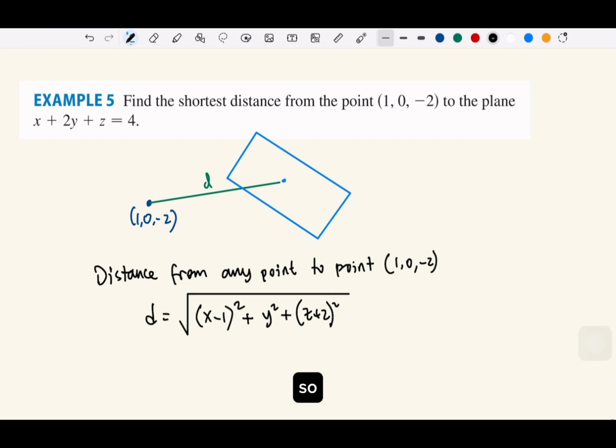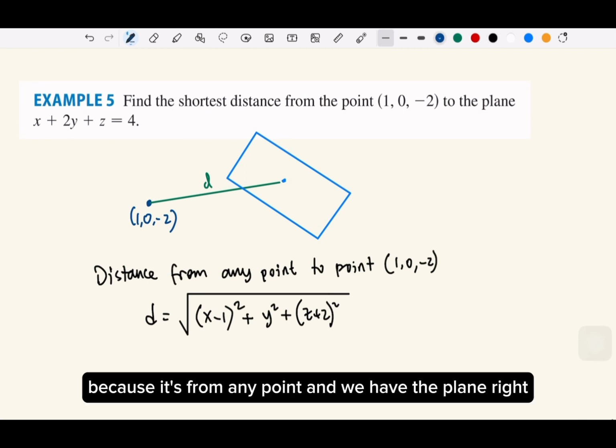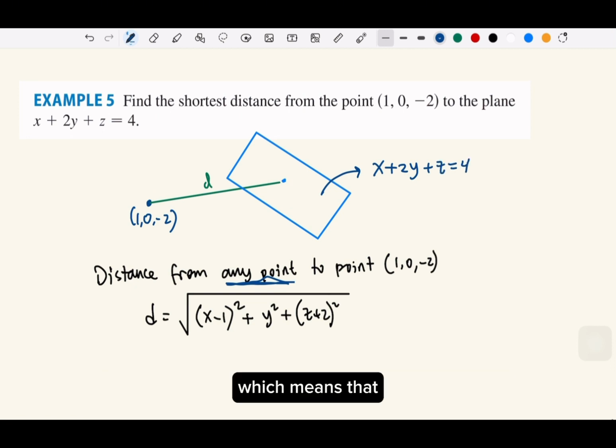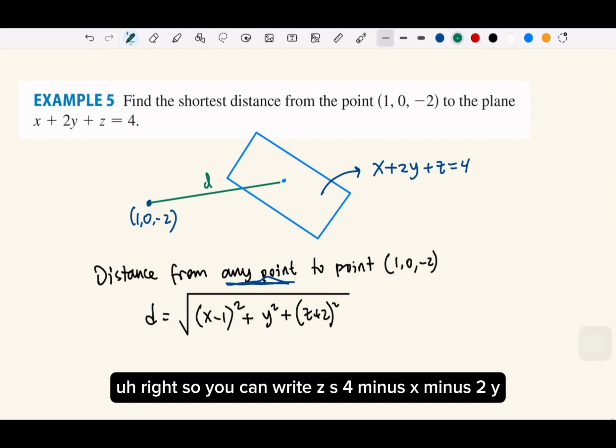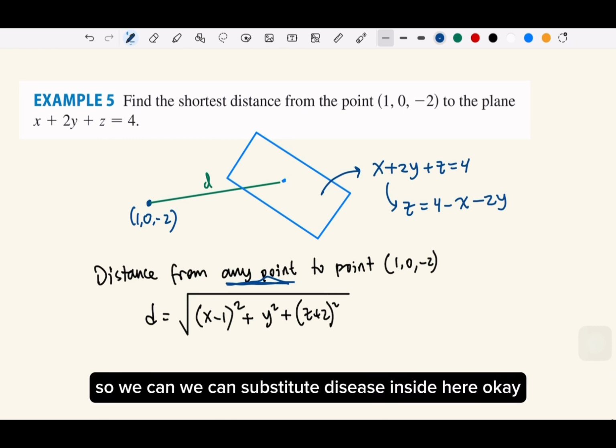Because it's from any point, and we have the plane x plus 2y plus z equals 4, we can write z as 4 minus x minus 2y. So we can substitute the z inside here.